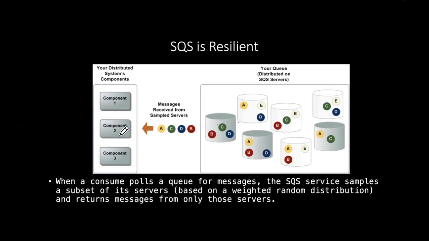By that I mean, let's say consumer 2 receives this batch of messages and it processes them all successfully. And it tells SQS you can now delete this batch.